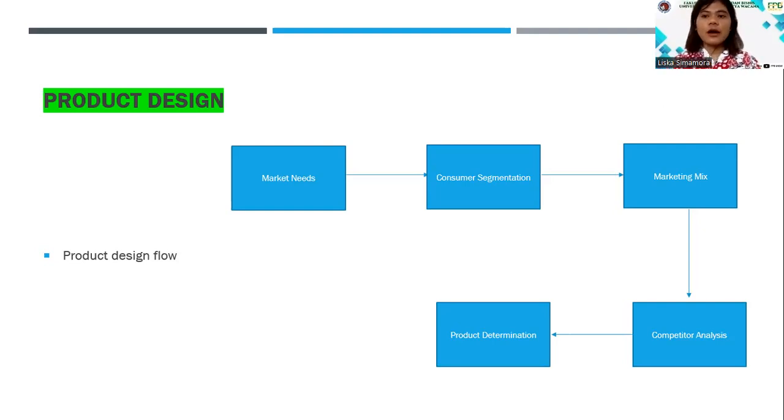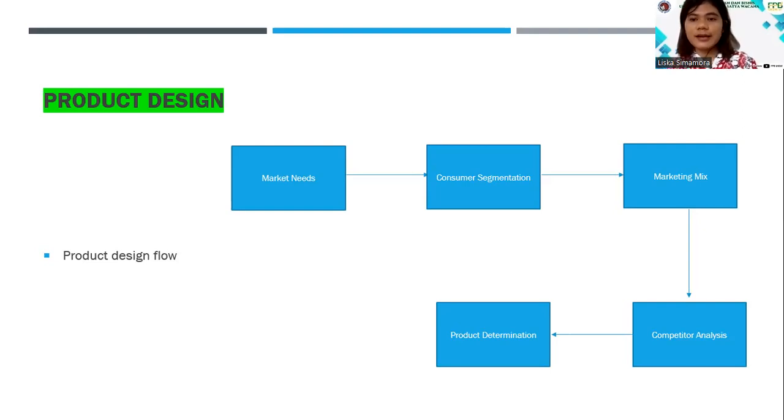Okay, so after knowing your market volume and market trends, you know the potential of your market, and it's time for you to design your product. Before producing your product, you have to design it first.